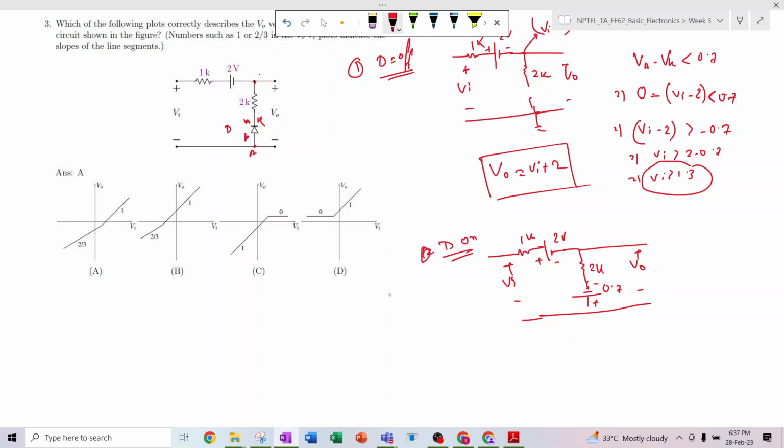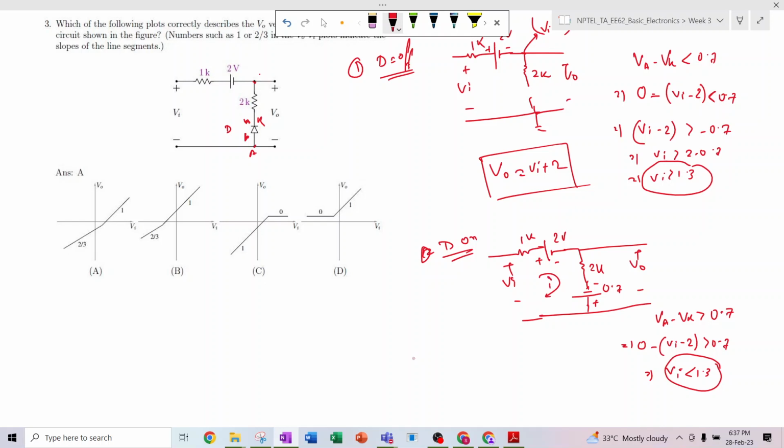So now, the diode is on, that means Va minus Vk should be greater than 0.7. So that means 0 minus the value of the cathode, that is Vi minus 2, should be greater than 0.7. It will come Vi is less than 1.3. Whenever the diode is on, what will be the current?